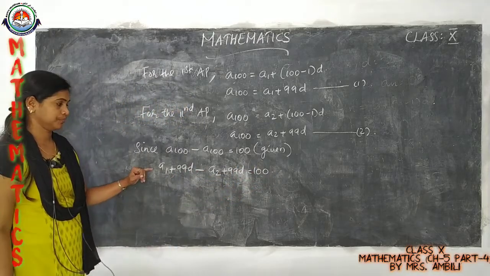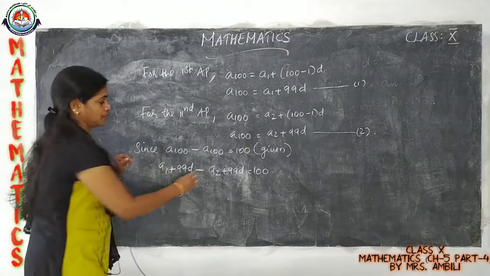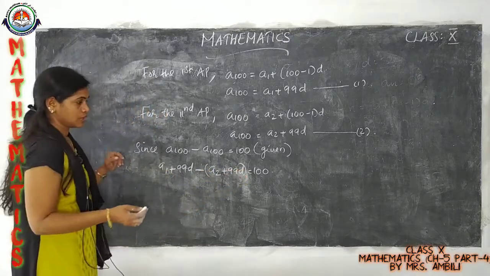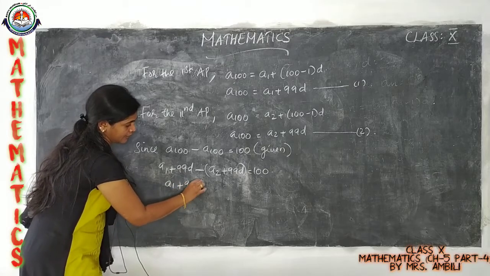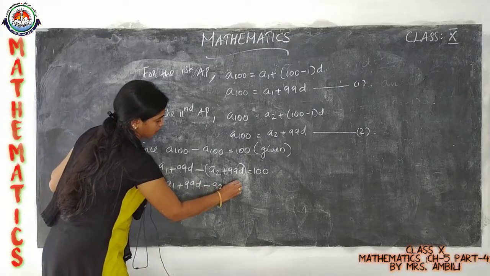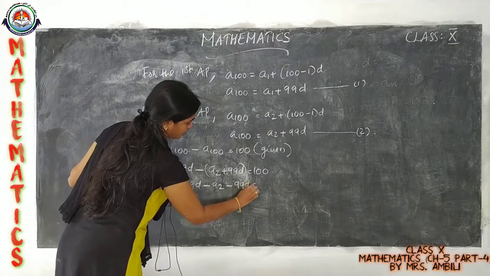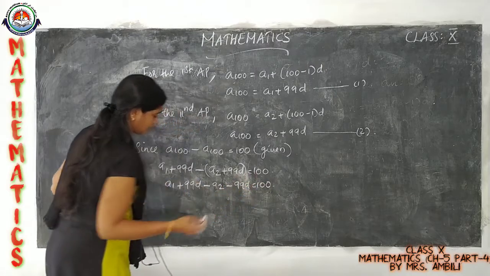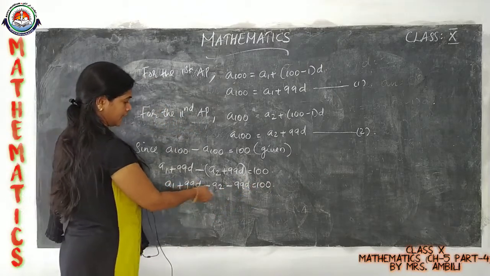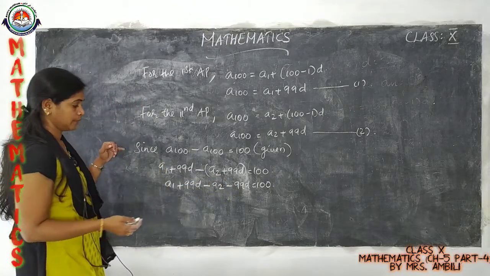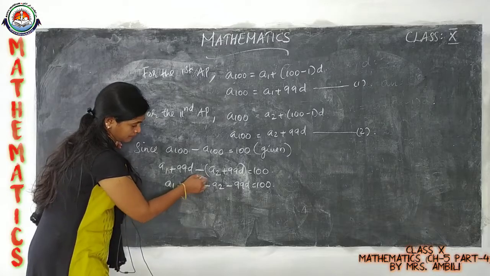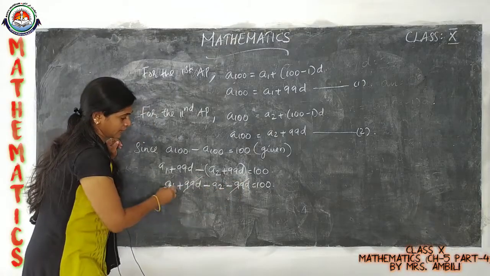Substitute the values. So this is in brackets. How can we write this one? A1 plus 99D minus A2 minus 99D equal to 100. So plus 99D and minus 99D cancel. What is remaining?